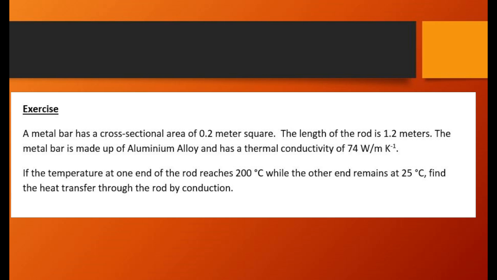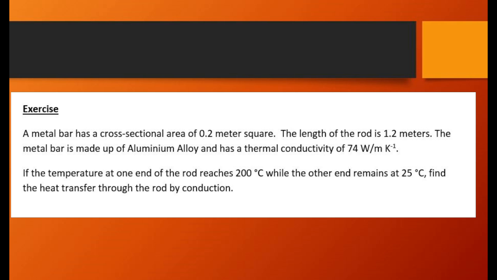That metal rod is made of aluminium alloy, which has a thermal conductivity of 74 watts per meter per Kelvin. Now, if the temperature at one end of the rod reaches 200 degrees centigrade, while the other end is at 25 degrees centigrade, the sample problem says that we have to find out the heat transfer through the rod by conduction.